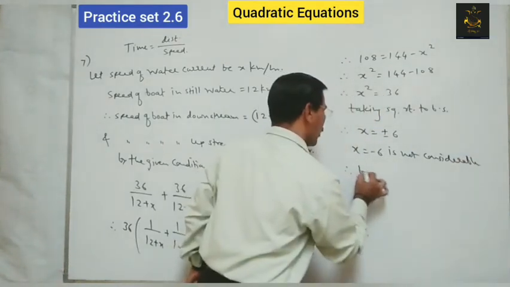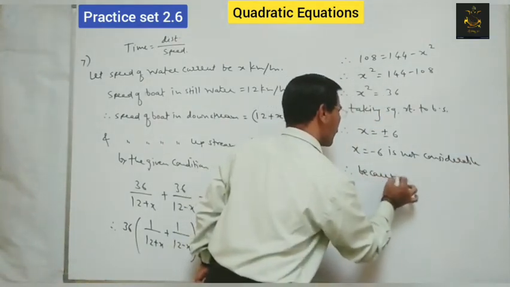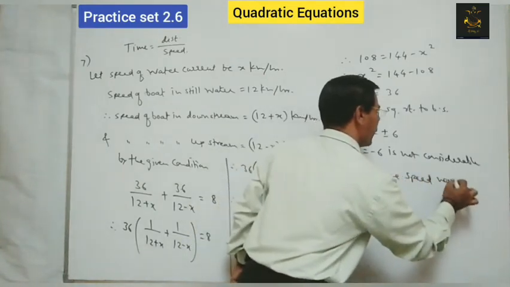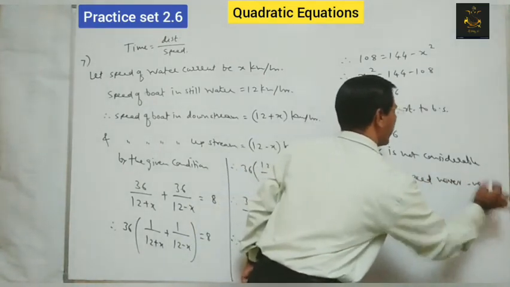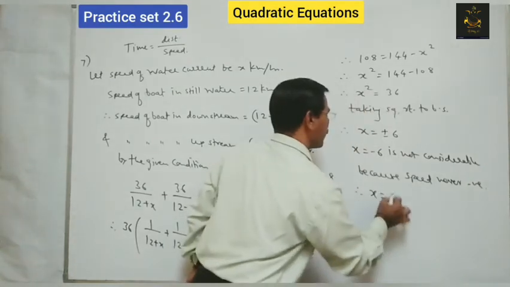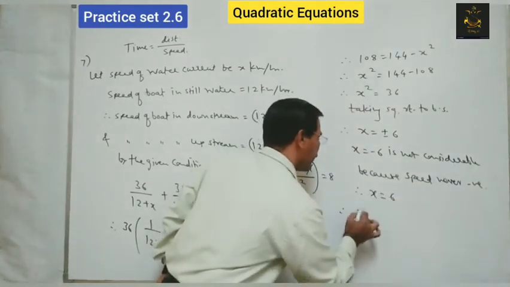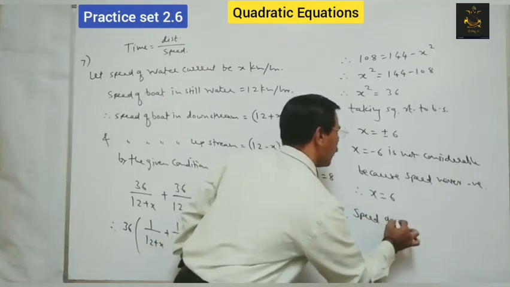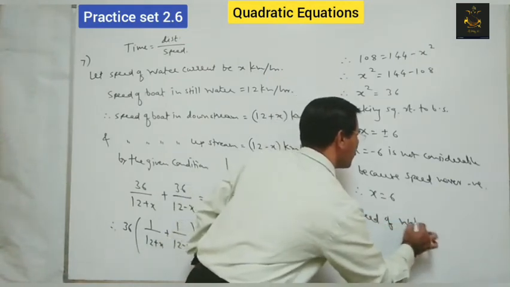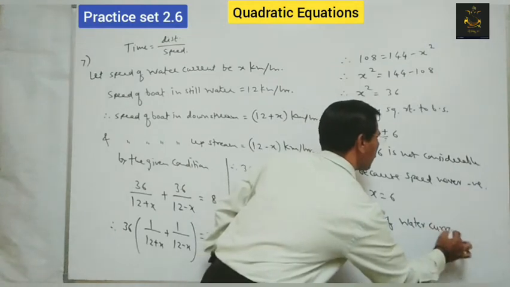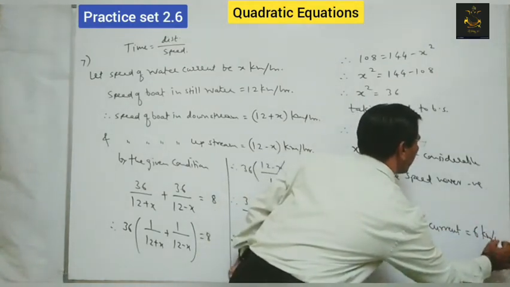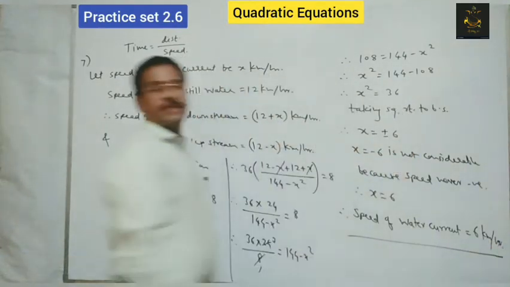Why? Because speed is never negative. Therefore, we take x equal to 6. The speed of water current is 6 kilometer per hour. This is the answer.